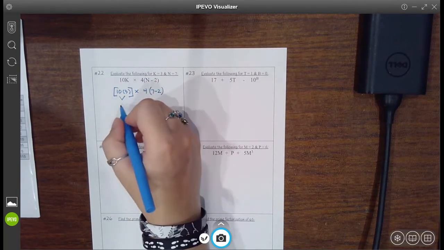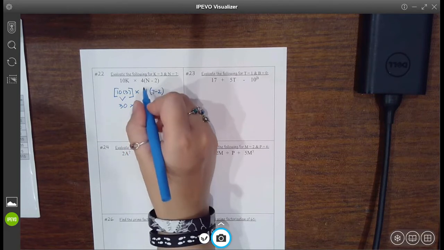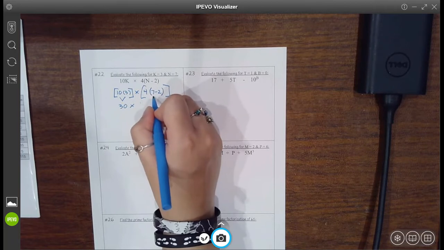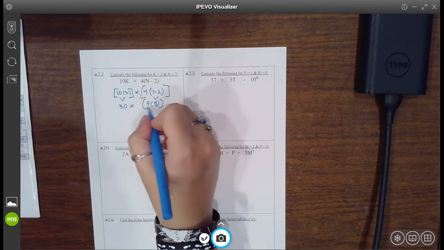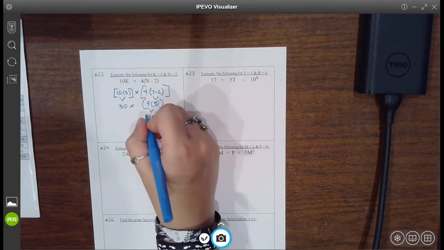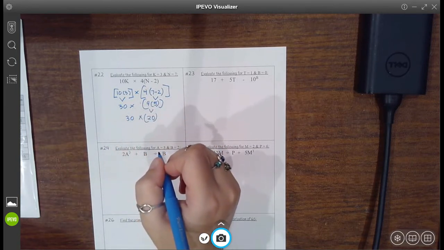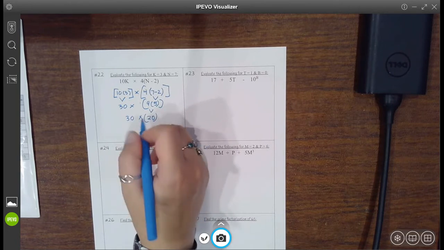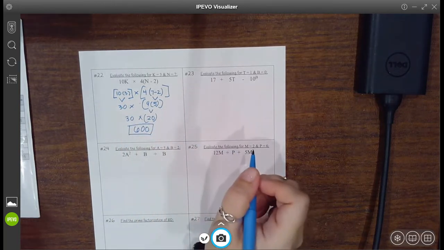Okay, so this term simplified to 30, times this over here, which was one singular term, and I need to simplify this 7 minus 2 first, which is 5. And 4 times 5 is 20. And now I can do 30 times 20. And 30 times 20, 3 times 2 is 6. Tack on 2 zeros. There you go.